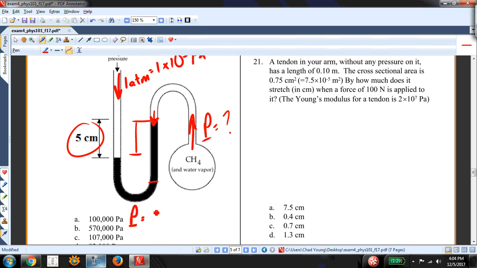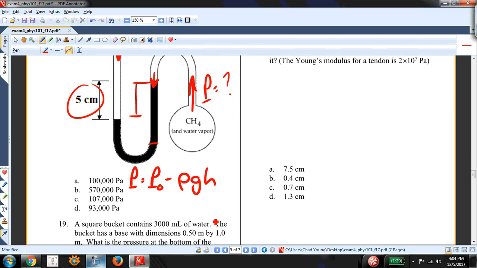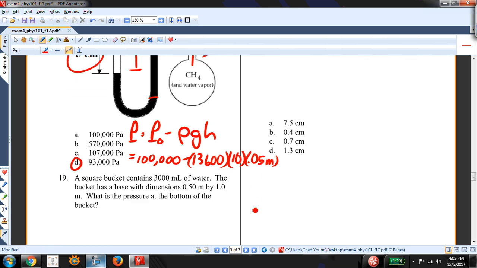So my pressure is going to equal P naught minus rho g h, because I know that P is less than P naught. I could stop there, right? Because P naught is 100,000 minus rho, which is 13,600, the density of mercury, times 10 times 5 centimeters, which is 0.05 meters. And then that's going to be 93,000.